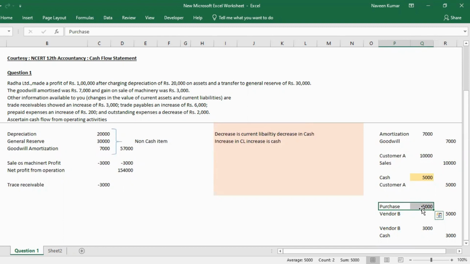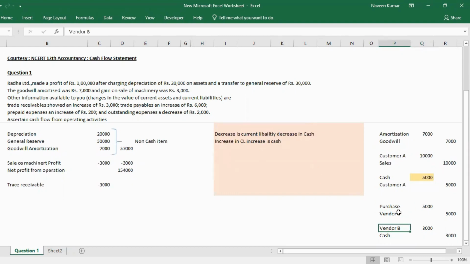That material is equivalent to cash only. If I sell it in the market, I will get cash. So when there is an increase in liability, there is an increase in cash also. I'm not mentioning cash here because no cash is involved, but the equivalent of cash, the material, is involved. So there is an increase in cash.